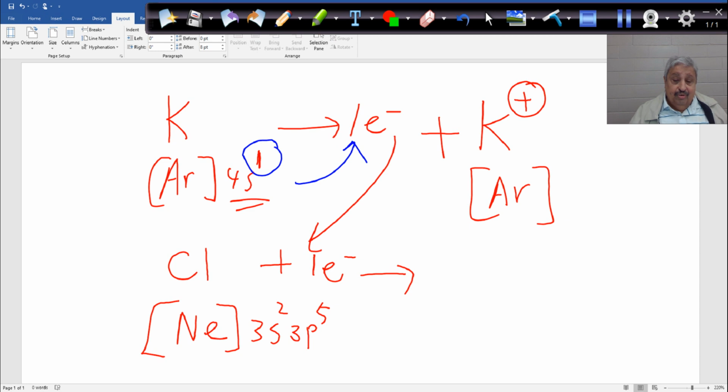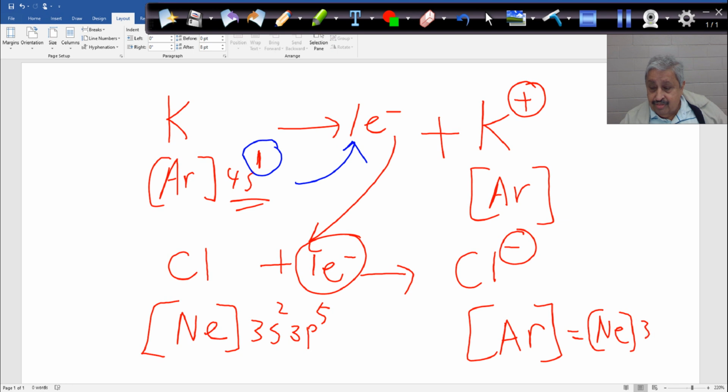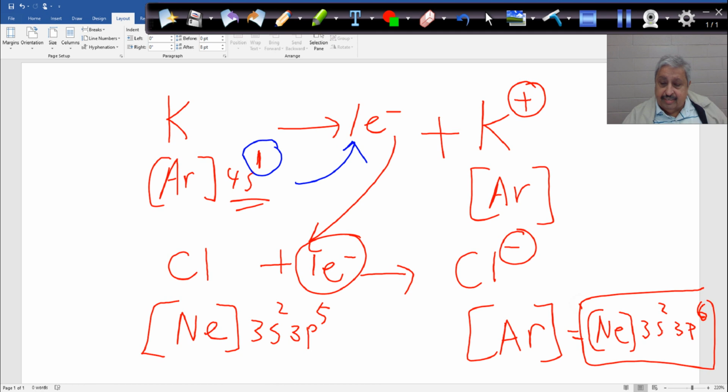Is everything following? It will be chlorine minus, because it takes 1 negative charge. So this one, 17, 18 will be argon, which is, if you wish, neon 3s2, 3p6.